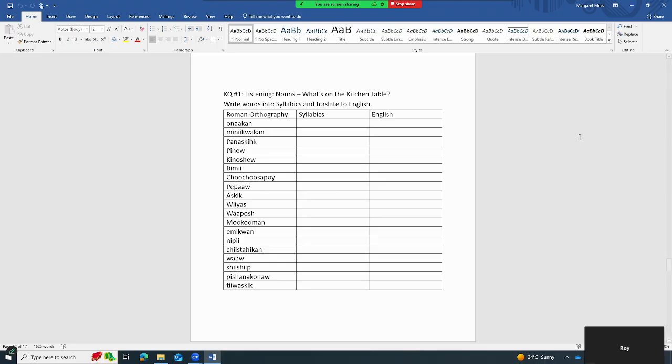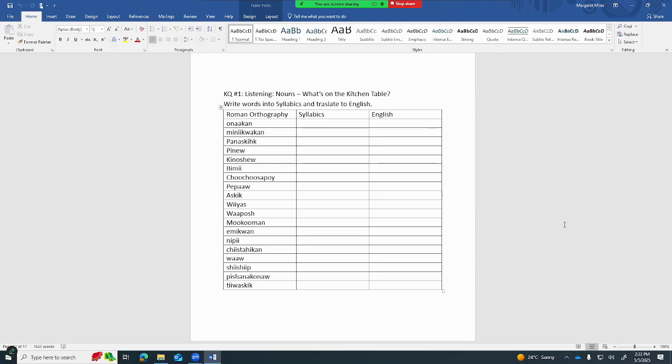Key question 1. Listening. Nouns. What's on the kitchen table? Write words into syllabics and translate to English.